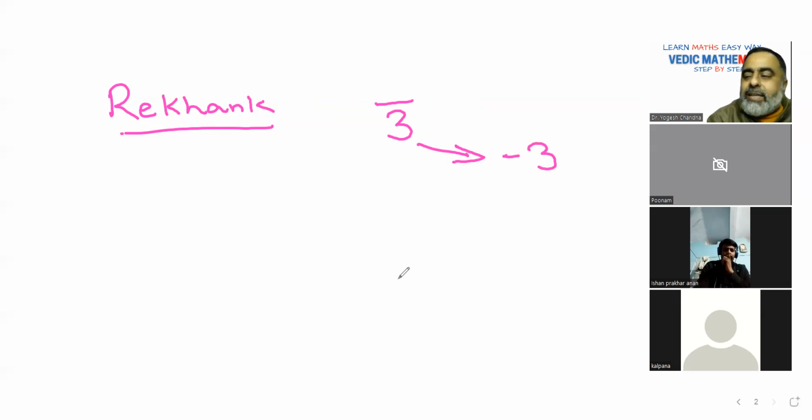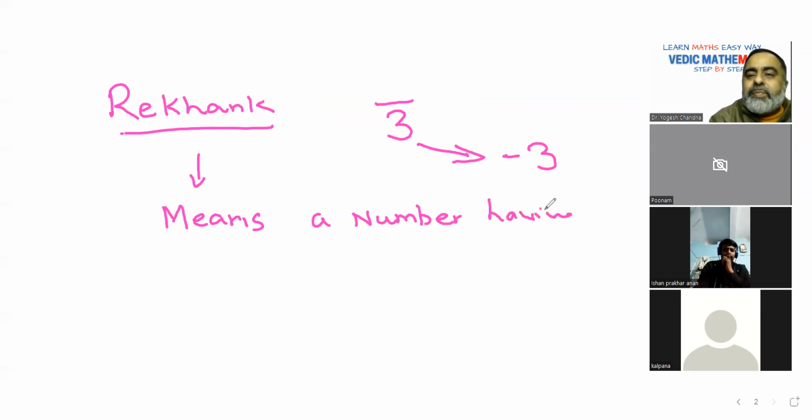So Rekhank means a number having a bar, and having a bar means it is a negative number. Bar represents a negative number.